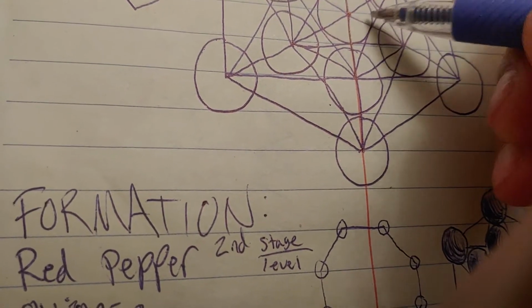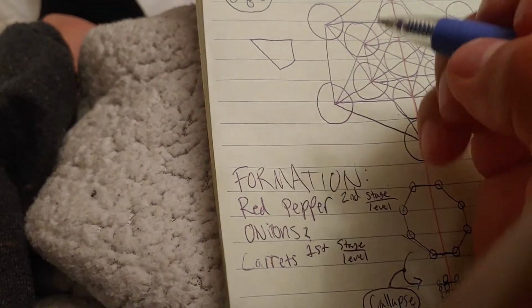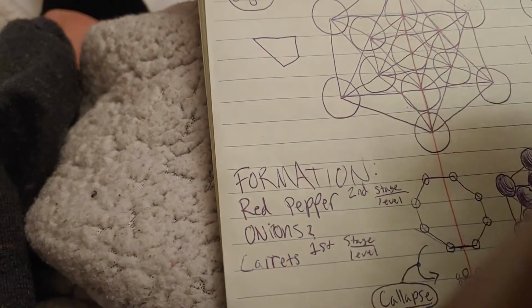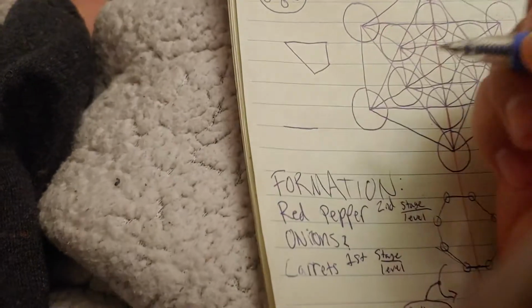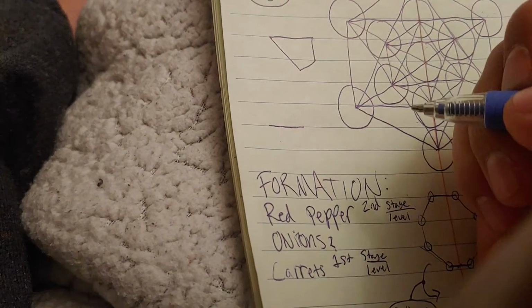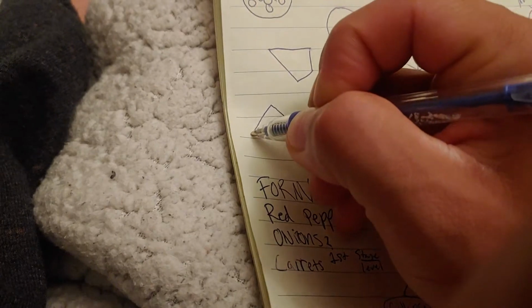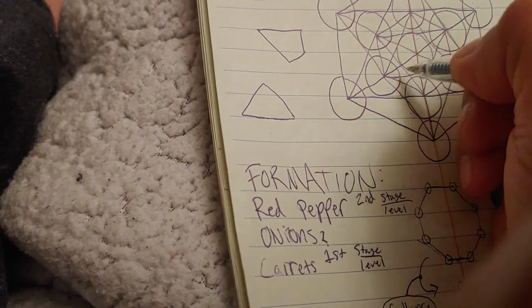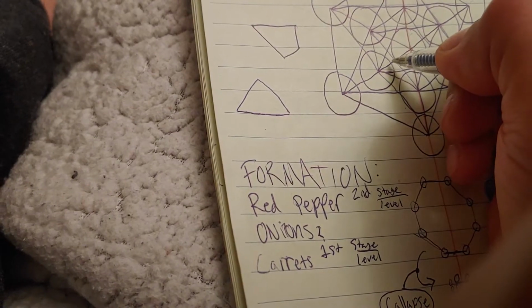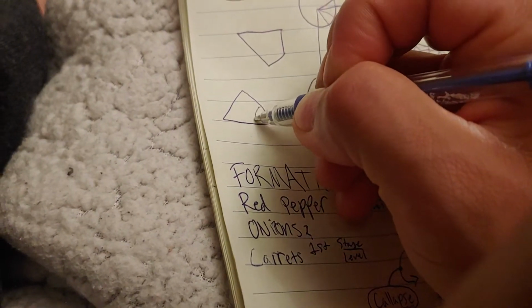Look at that design. That looks beautiful. So basically it's a triangle, and then has these circles, half circles, 90 degrees.